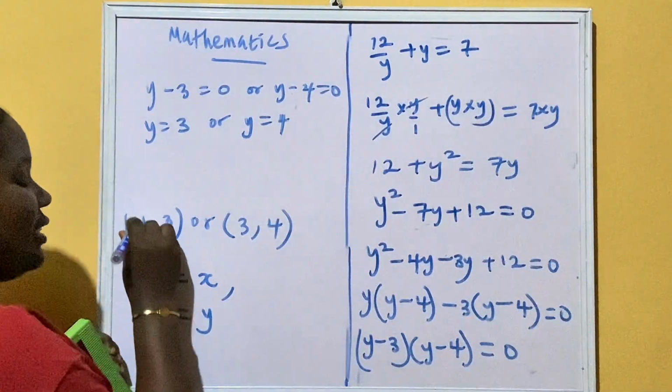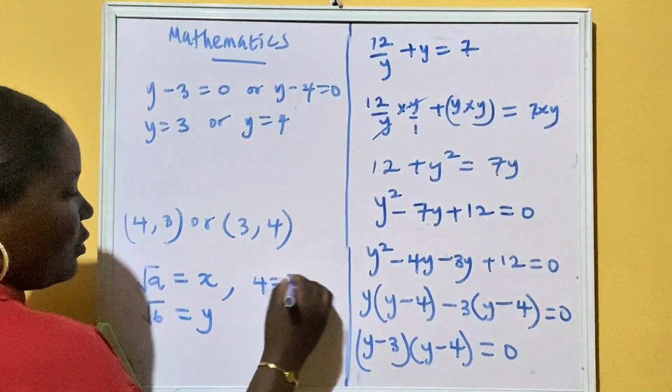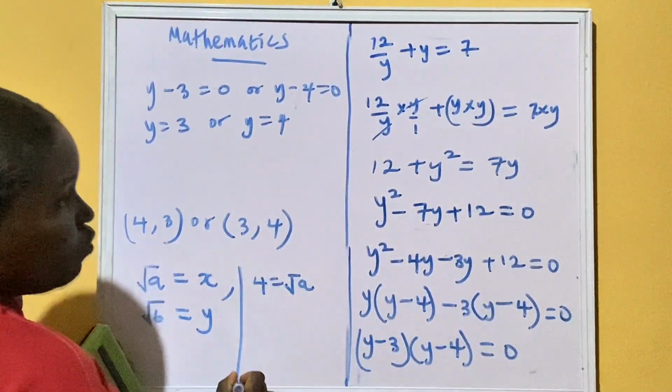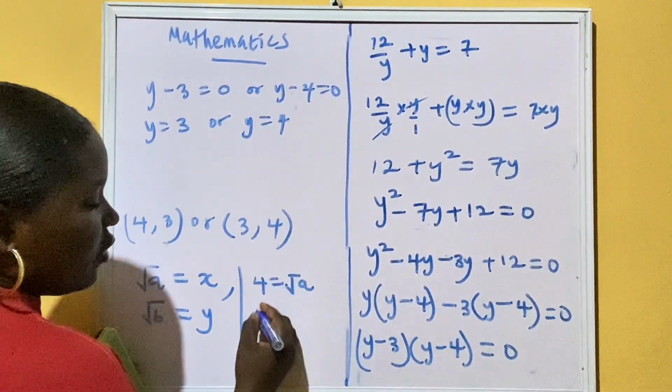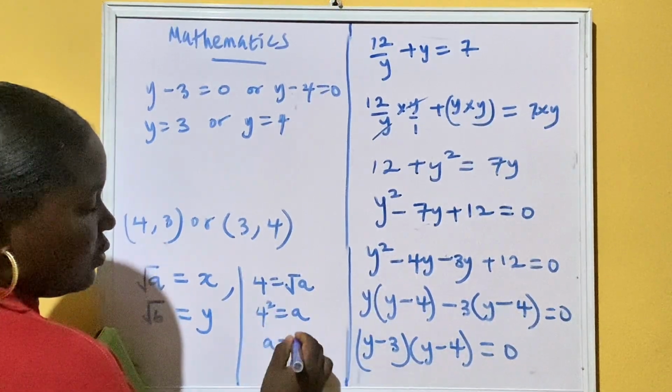So let's try for x. If x is 4, you have 4 equals the square root of a. To get a, take the square of both sides. 4 squared equals a. So a is equal to 16.